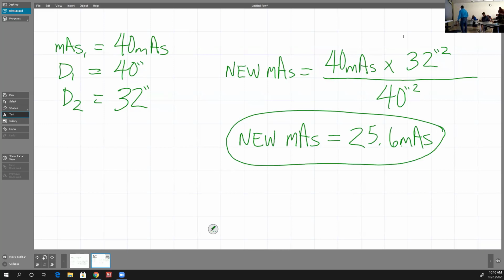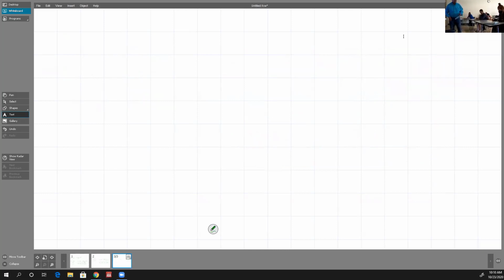There you go. Just like that. You know what I think happened? Somebody dropped this, is what happened. Any questions on direct square law? Straightforward stuff. Let's look at grids.